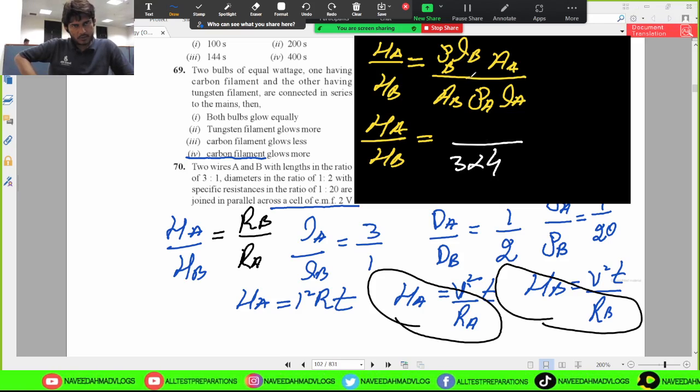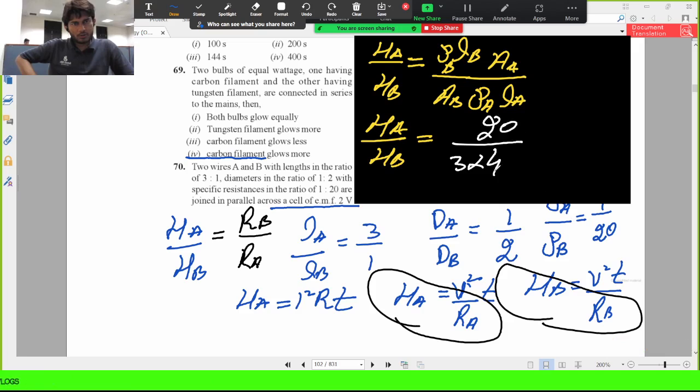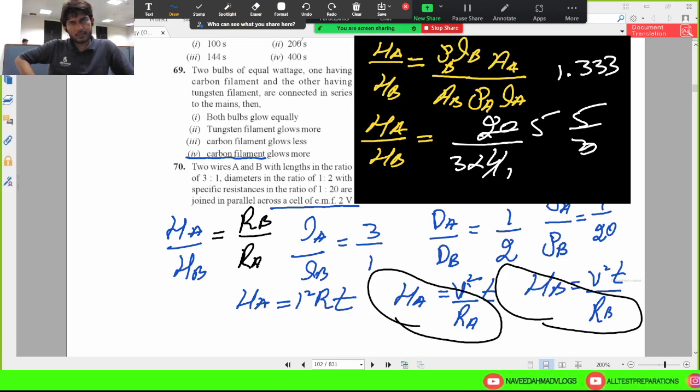Here now comes the resistivity, rho A divided by rho B, that is 1 divided by 20, so this 20 will come on top. So solve this. 4 times 1 is 4, 4 times 5 is 20, so 5 divided by 3 should be the final answer. 5 divided by 3 is 1.33.